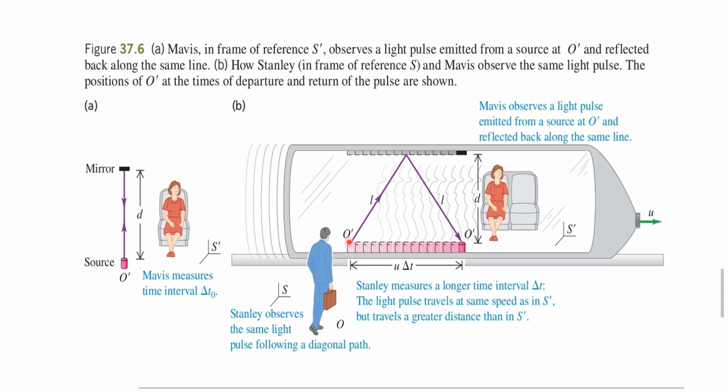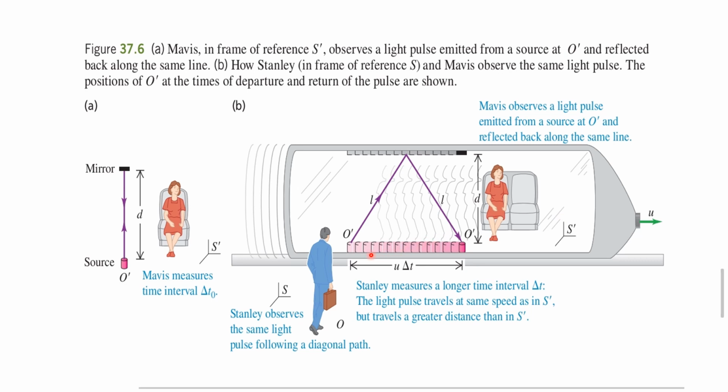The first event is when light is emitted from the source, the same source that Mavis has observed. But from Stanley's frame of reference, the mirror is moving together with Mavis, who is inside the frame of reference S prime, at a velocity u.